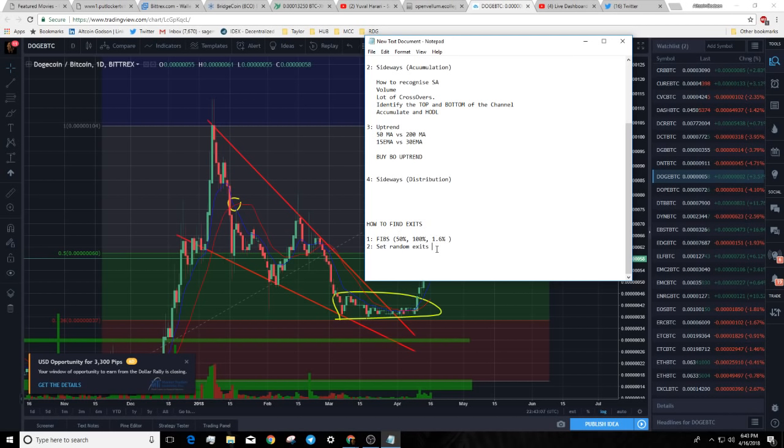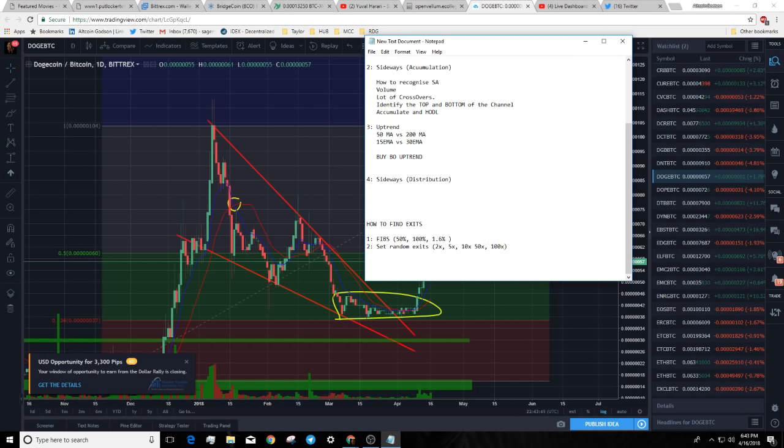So with setting random exits, 2x to begin with, just to take your money out of the trade and feel secure in the knowledge that you're not going to lose money anymore. Then you could do a 5x, and then a 10x, and then a 50x, and then a 100x, right?